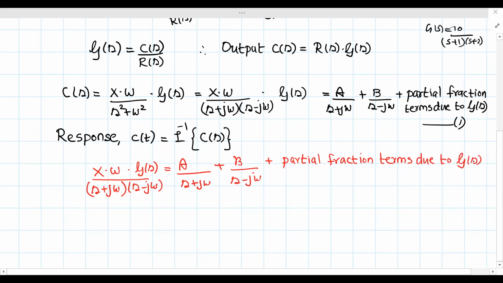Okay, so we can cross multiply, that is, multiply both the sides with the denominator. So what will you get from here? You will get x into omega into g of s equals A into s minus j omega plus B into s plus j omega plus partial fraction terms due to g of s.